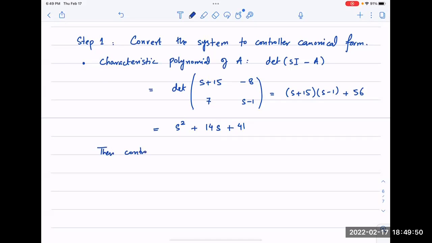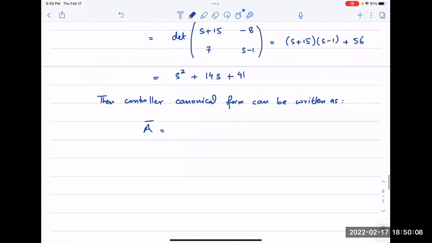So then the controller canonical form: A bar is going to be 0 and a 1 here, and the last row is really the key, so you can write it as -41 and -14.